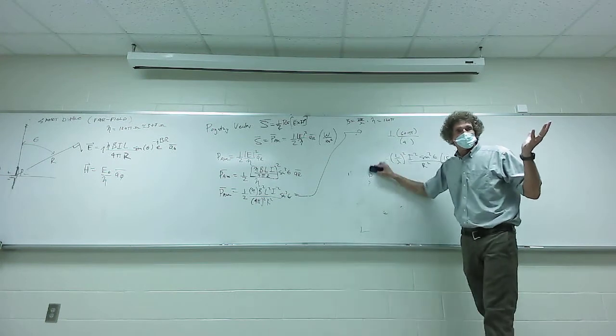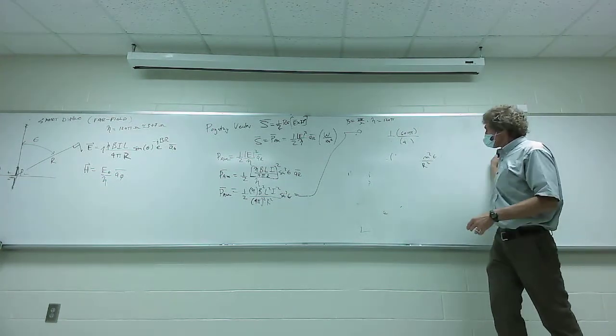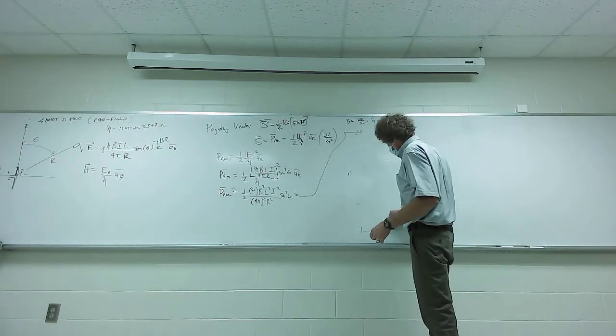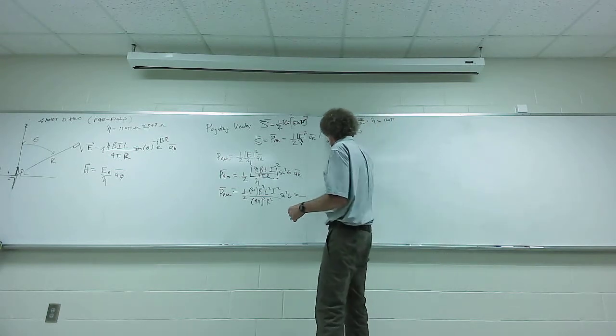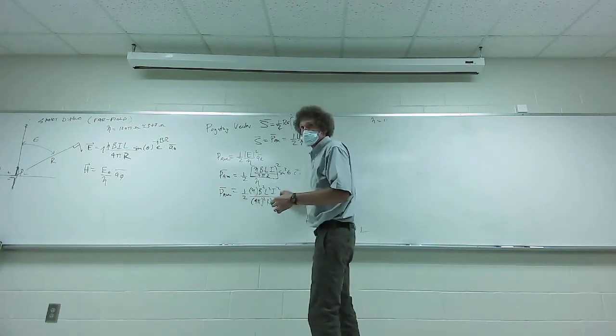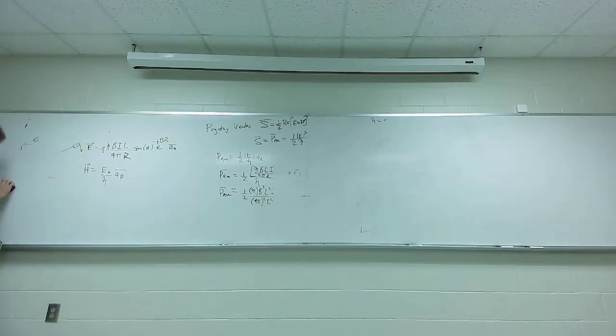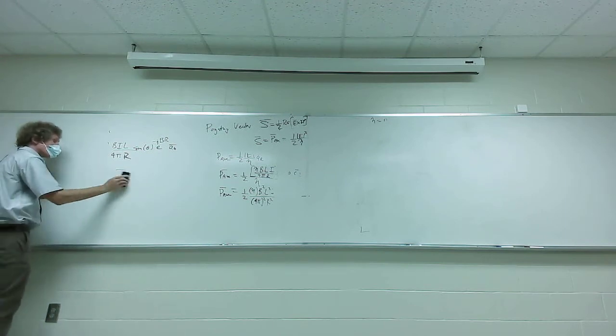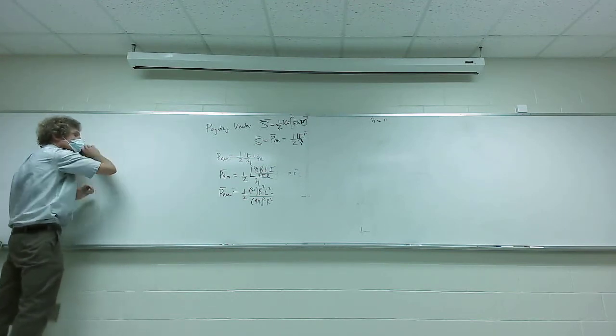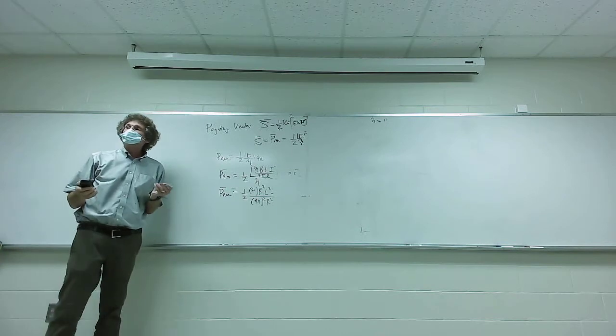Anybody? Yeah? In your own words, what does that mean? I just remember reading about it in the book, and they had a graph, and so the directivity is where you have the largest. It transmits the best. Here's what it really is.